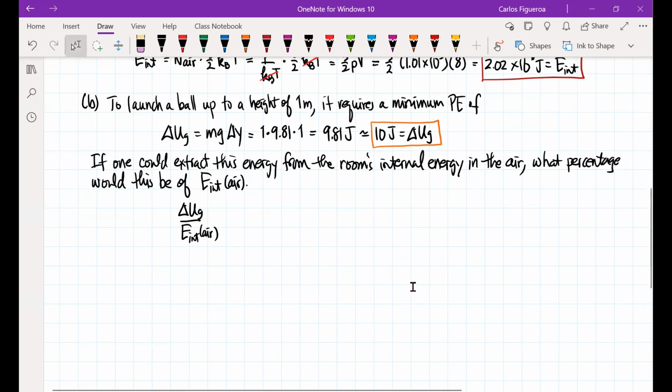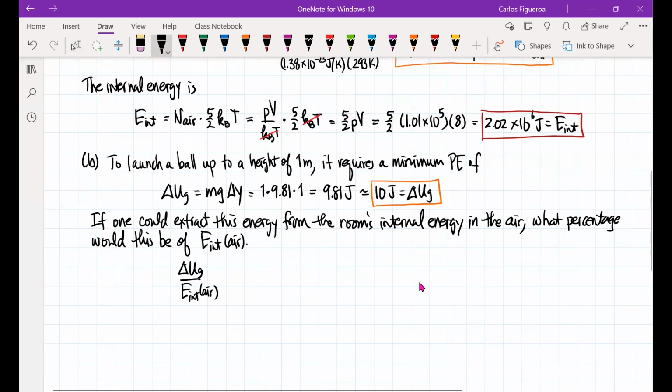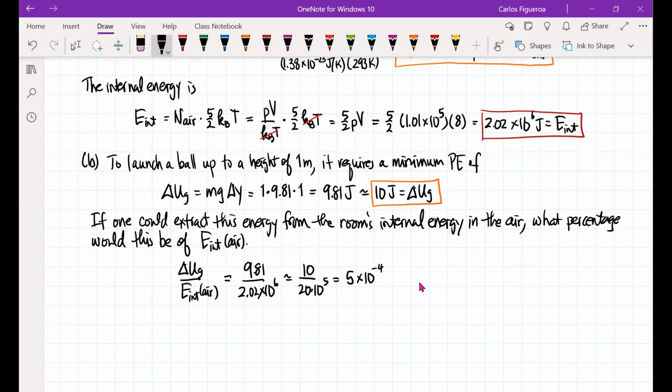So if you look at this, this number is going to be 9.81 joules divided by 2.02 times 10 to the 6. Well, we can just approximate that, because the numbers are so gigantic that this would be 10 over 20 times 10 to the 5. So you could see here that this will be 5 times 10 to the minus 4.